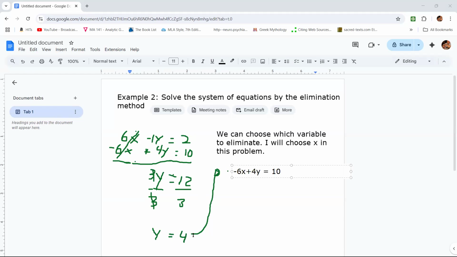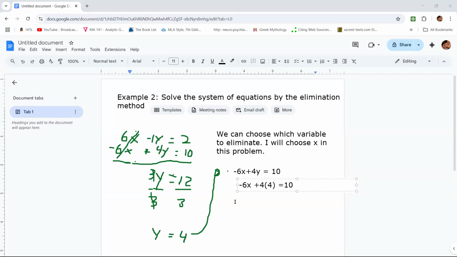And I know from my previous work that y equals 4. So I have negative 6x plus, and I'm going to substitute the 4. So 4, and I'm going to use parentheses for multiplication, 4 times 4. This is equal to 10.